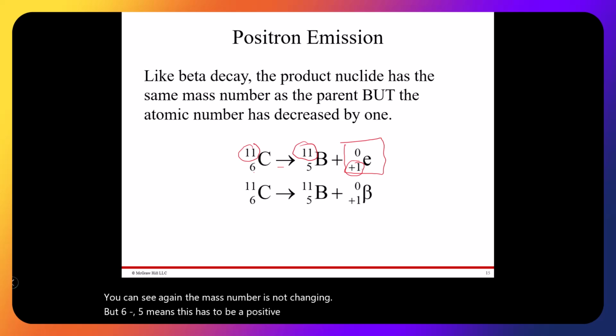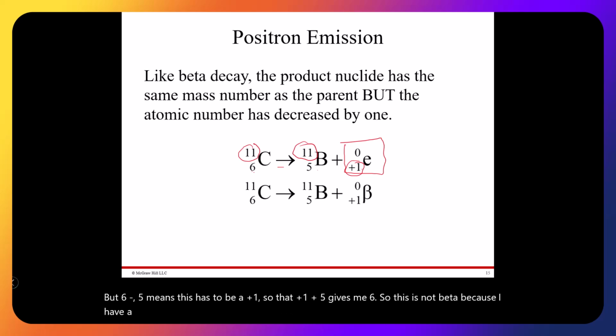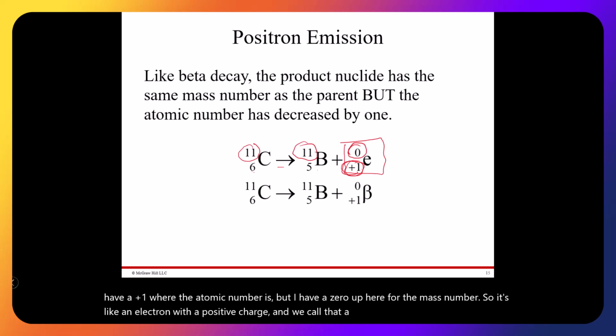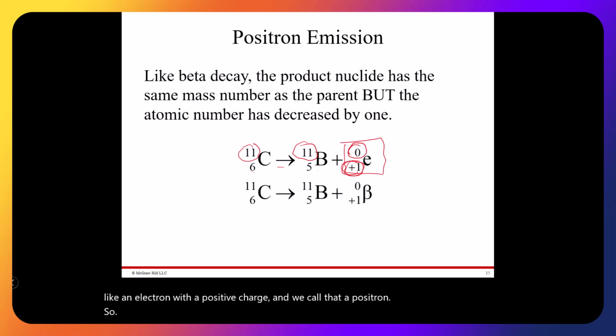So that positive 1 plus 5 gives me 6. So this is not beta because I have a positive 1 where the atomic number is. But I have a 0 up here for the mass number, so it's like an electron with a positive charge, and we call that a positron.